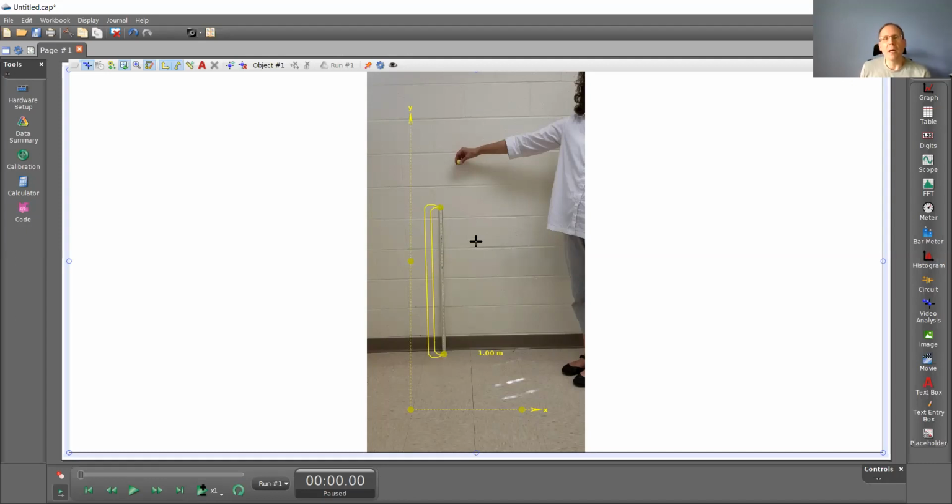Now we want to digitize the position of the ball when it's falling, but just when the ball is in the air, after it leaves the individual's hand, right before it hits the ground. So you need to fast forward, just use the next frame until it actually leaves her hand.